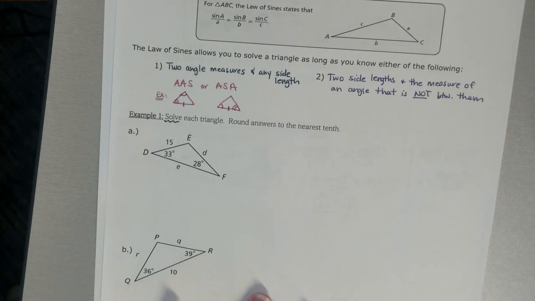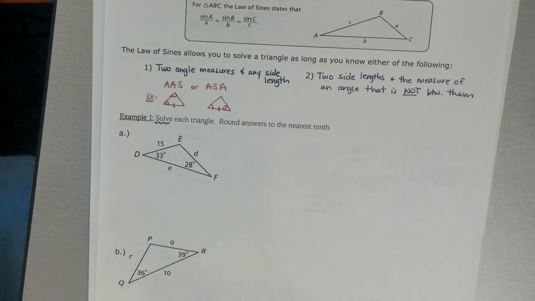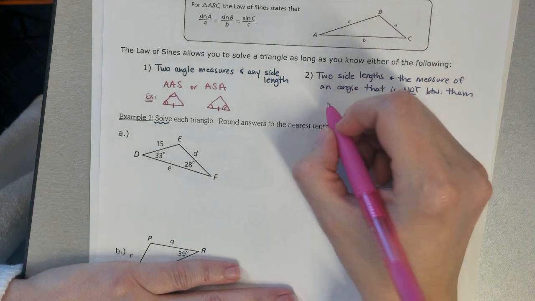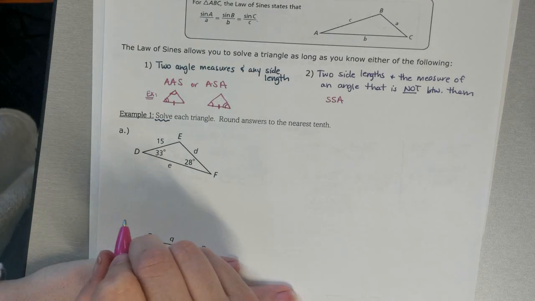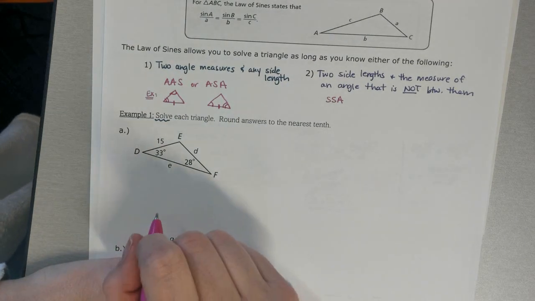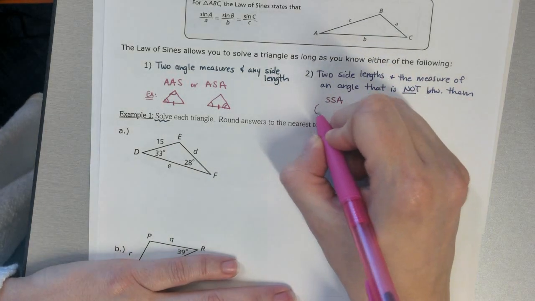Now this one is not a similarity theorem. This would be side side angle. Do you guys remember why that's not one of the similarity ones? See how it spells a naughty word backwards? Oh.